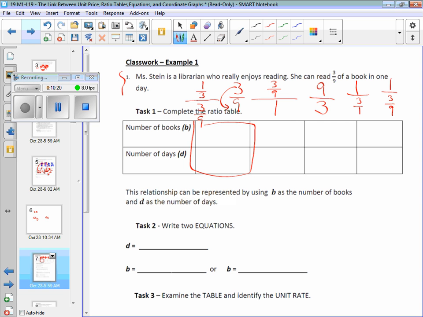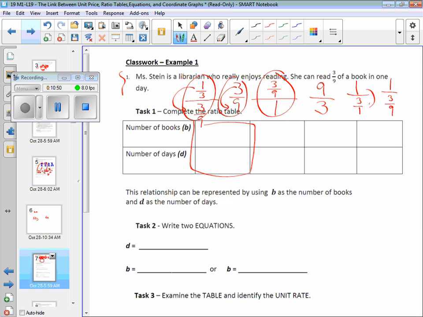Just say it. Times 3, right? I will tell you that 1/3 times 3 is 3/9. That makes this and this equivalent. Ready? 3/9 times 3 becomes 1. That works.